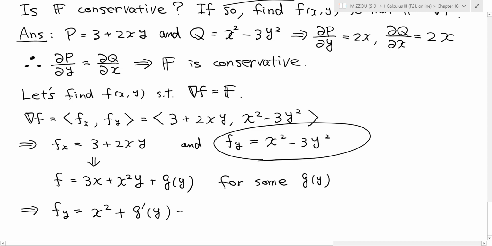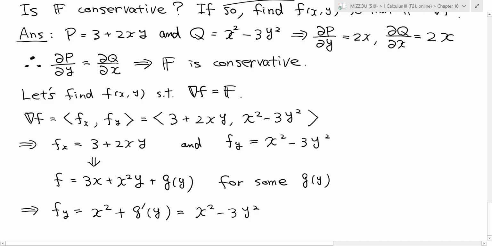Then we want this to be equal to x squared minus 3y squared. From this, you can solve for g prime of y, and that is equal to negative 3y squared, because you can cancel x squared.